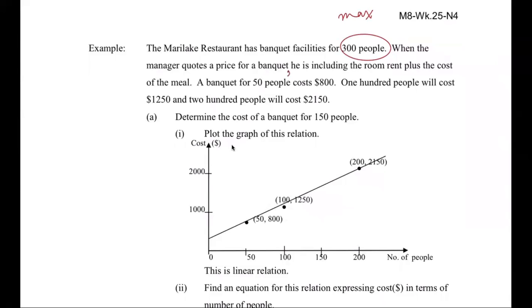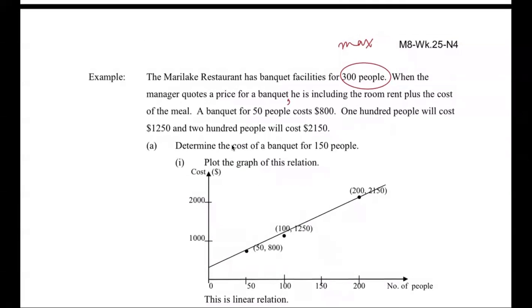So pay attention here, please. When the manager quotes a price for the banquet, he's including the room rent plus the cost of the meal, which means the total cost of the banquet has two components, right?